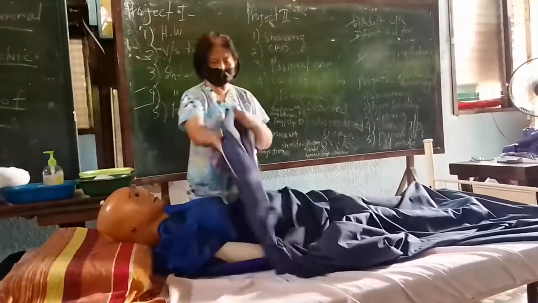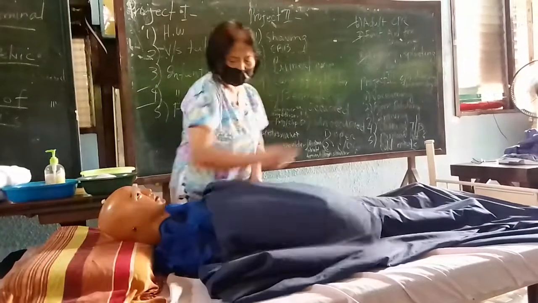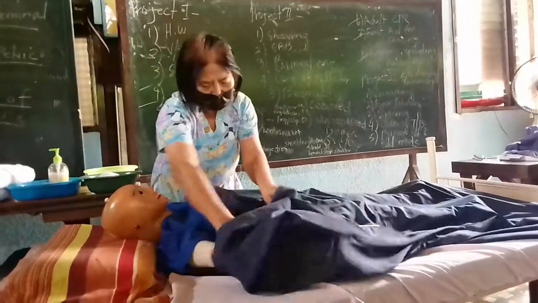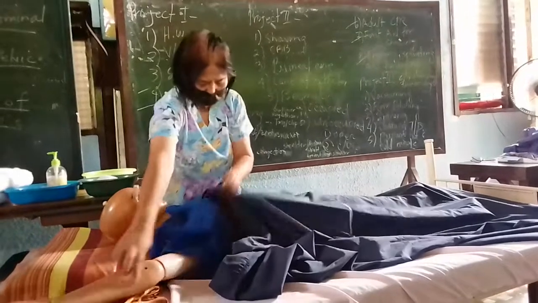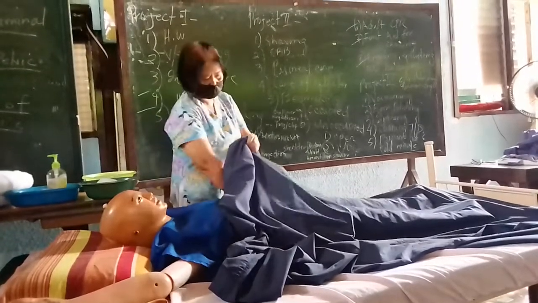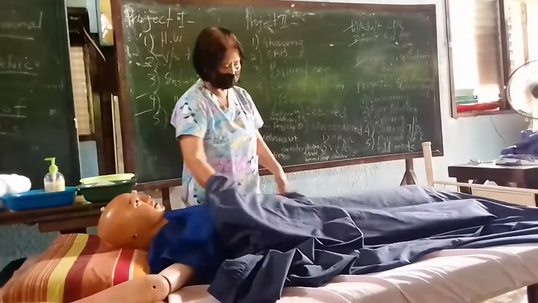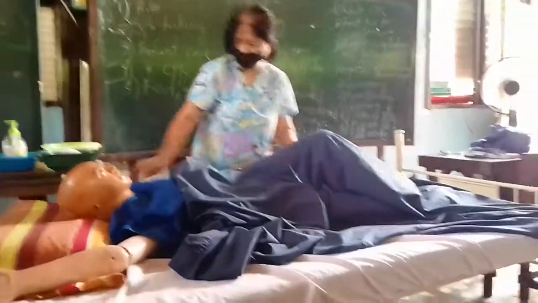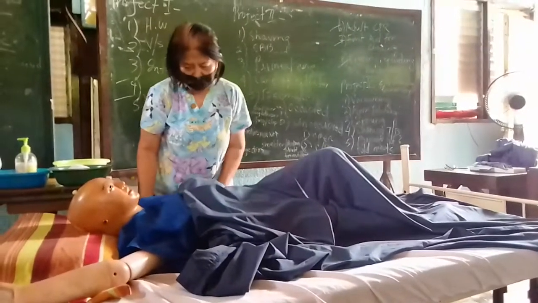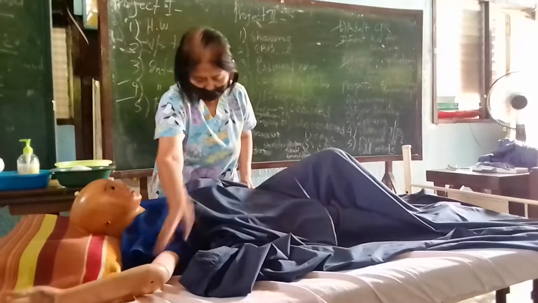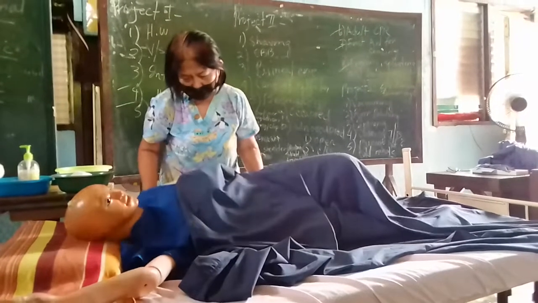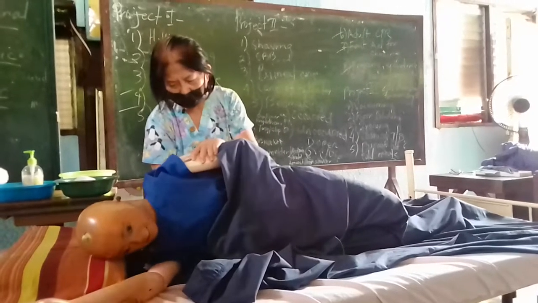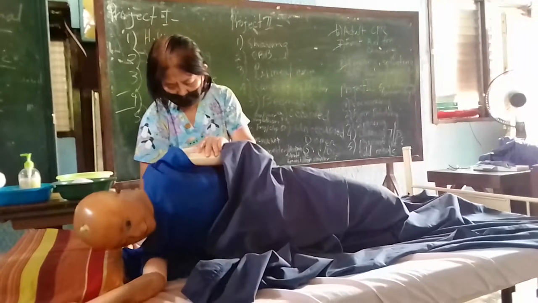Then let the patient assume again the lateral or side lying position. Side rail up for safety. Okay, ma'am, I'm going to turn you back to side lying. I'm going to tie the ribbon of your gown. Then tie the gown.